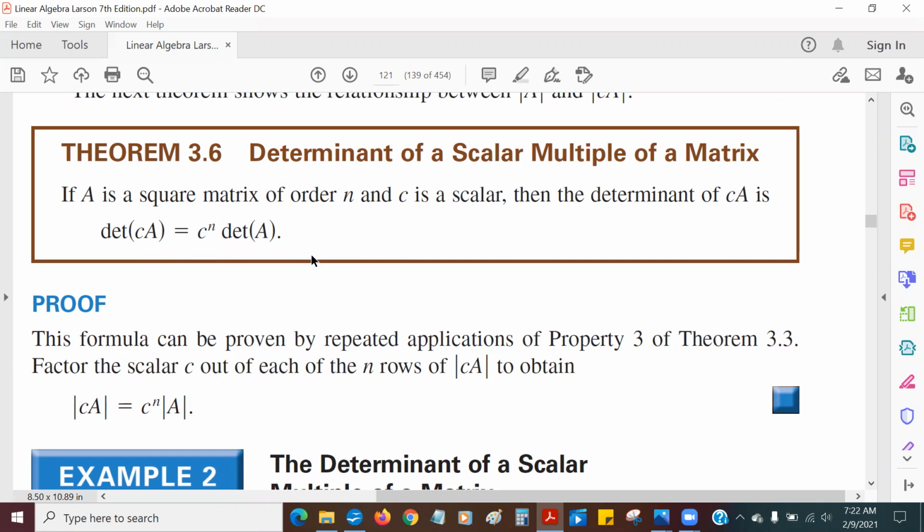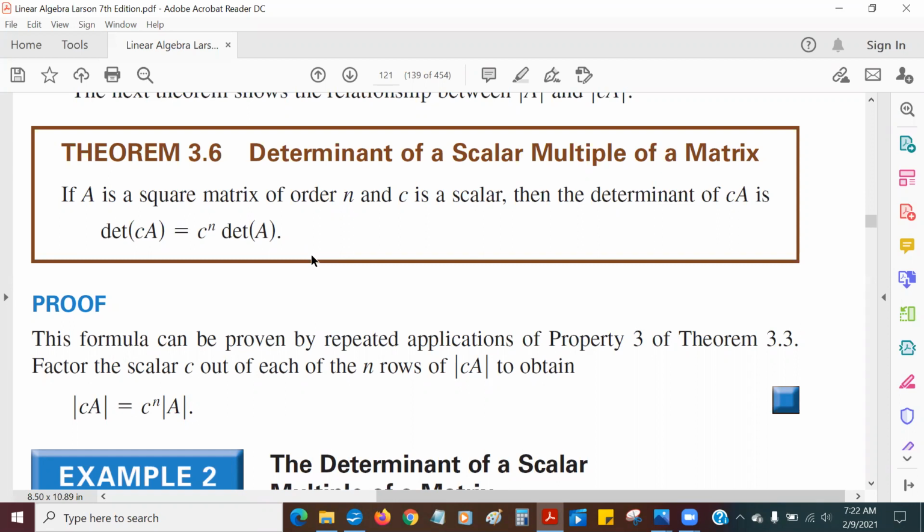When I multiply the first row by that constant, it multiplies the determinant by C. But I'm also multiplying the second row by that constant, which multiplies the determinant by another C. And then the third row contributes another C. So finally, at the nth row, I get C to the nth power.